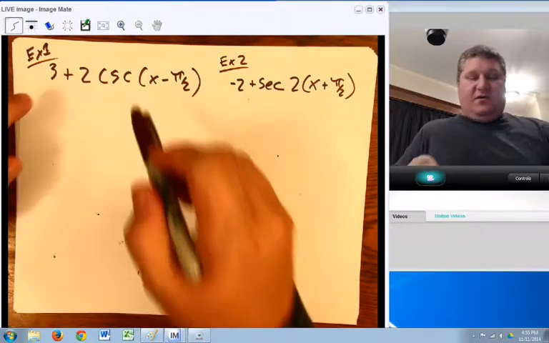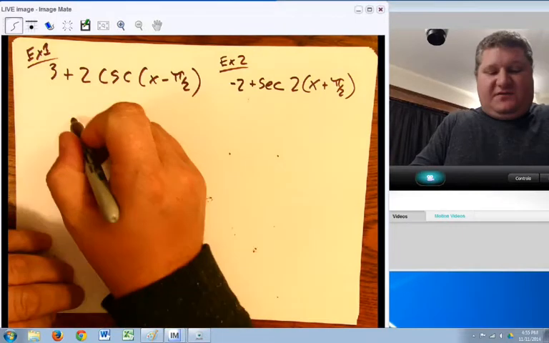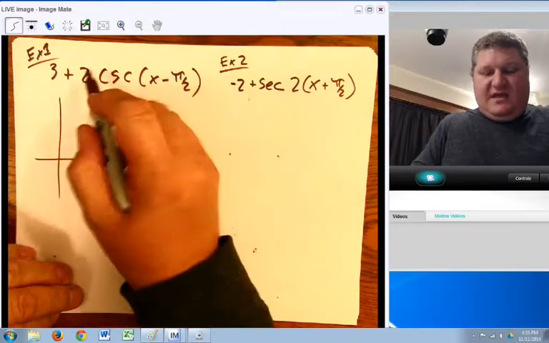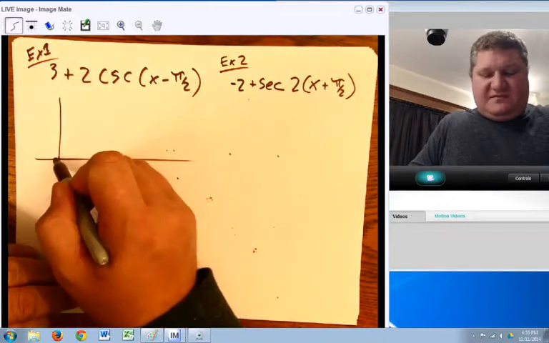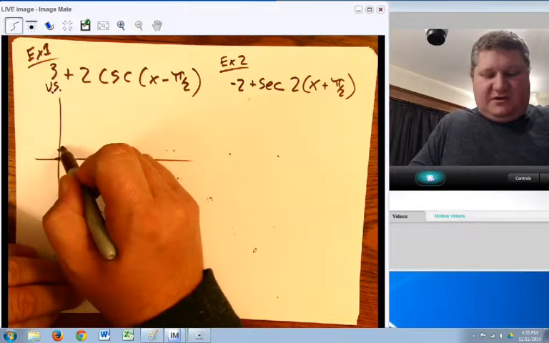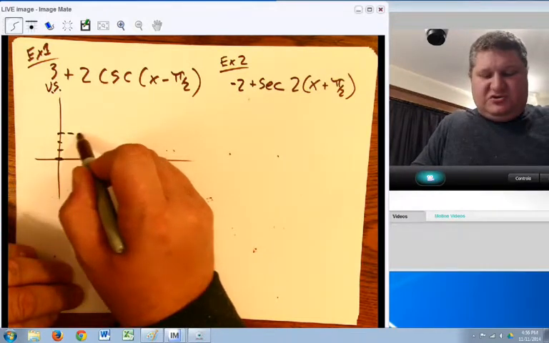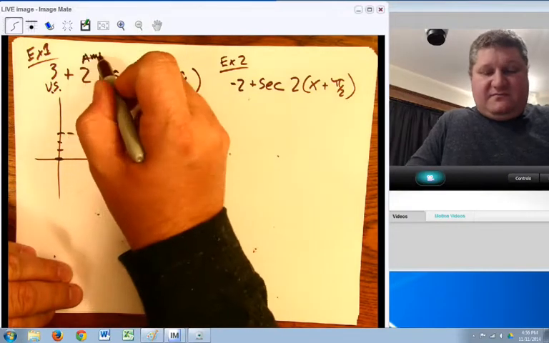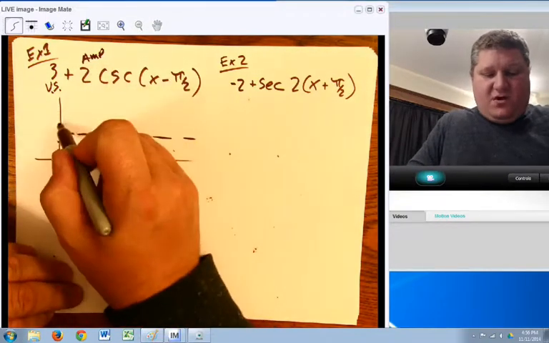Now, if we're to work on this one, the first thing we're going to do is take it and graph it. Its vertical shift is up 3: 1, 2, 3. So the new center line is here. The amplitude is going to be 2: 1, 2.